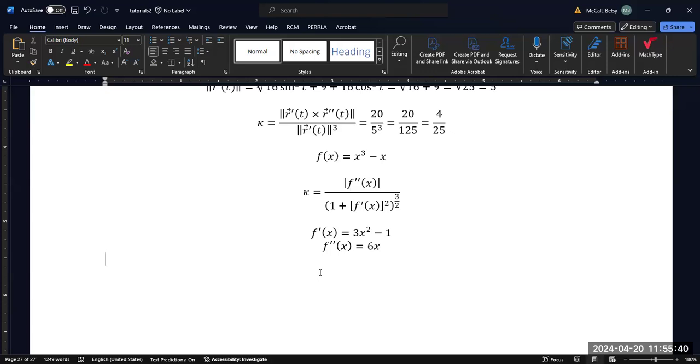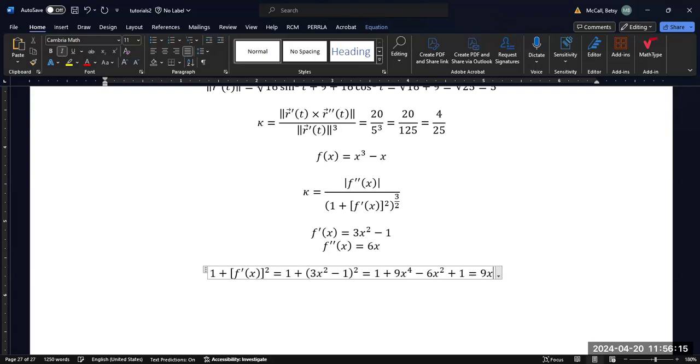So let's just look at this guy. So that's going to be 1 plus 3x squared minus 1 squared. And if I FOIL that out, I'm going to get 9x to the 4th minus 6x squared plus 1.